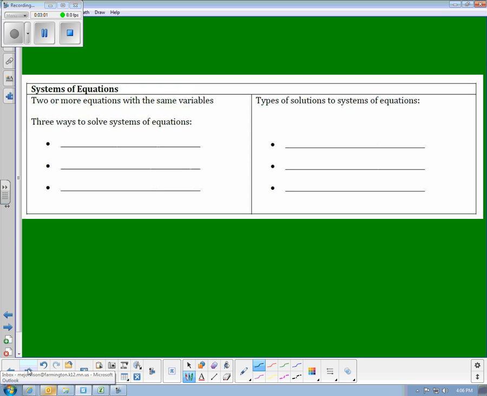So when we think about systems of equations, we're thinking about more than one equation with the same variables that are usually graphed on the same coordinate plane. So it's two or more equations with the same variables that we merge together somehow. And there's three different ways to solve them. We're going to talk about all three of those ways today. The way that we just looked at was graphing. We can also use substitution.